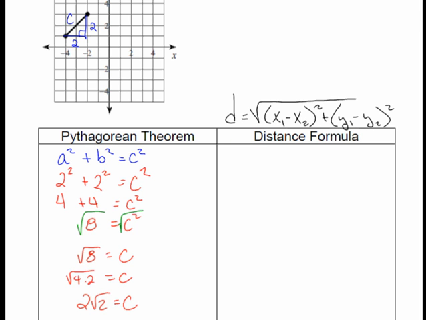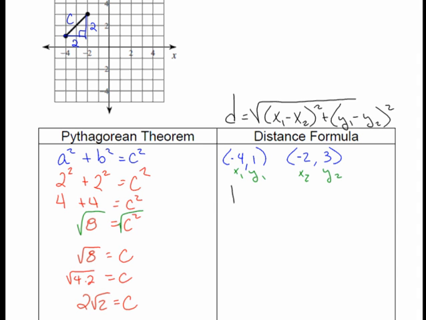So I first need to know the locations of my points. My first point is located at (-4, 1). My second point will be located at (-2, 3). I can then label these x1, y1, x2, y2, and plug them into the formula.